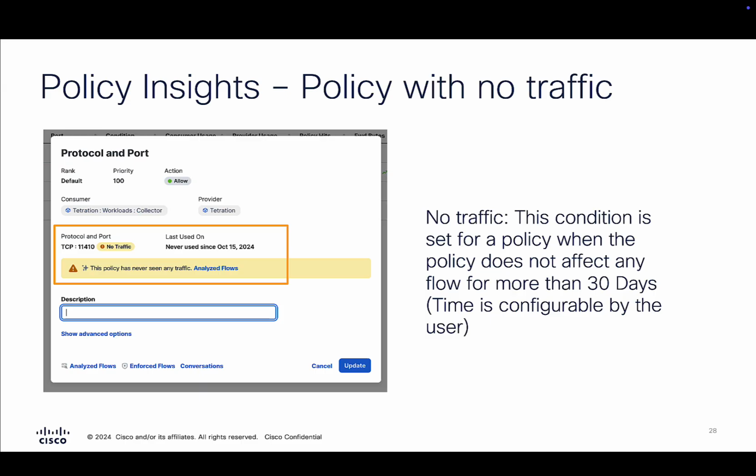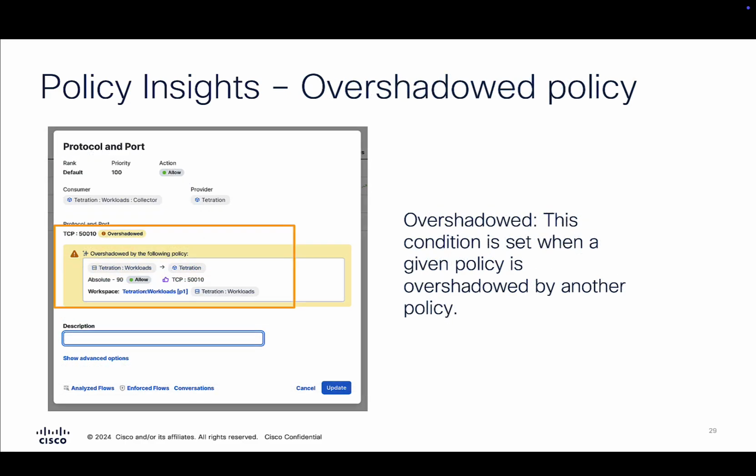It's a problem. We have seen that over time these policies just keep growing bigger and bigger, and at some point become extremely unmanageable. So how do we maintain that policy hygiene? This sort of insight comes in very handy in those situations. Likewise, it will tell you if you have overshadowed policies.